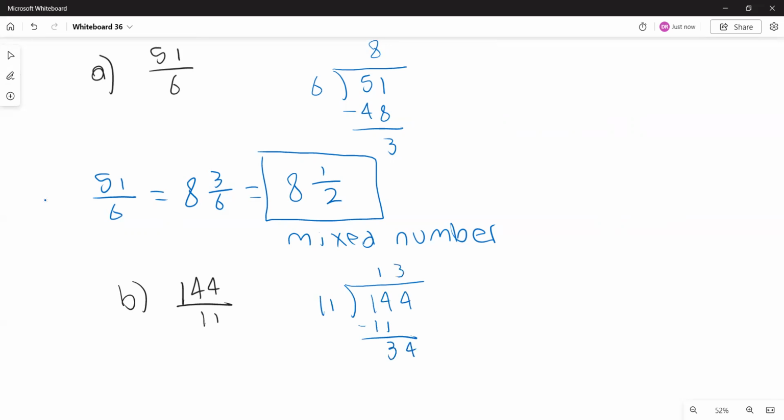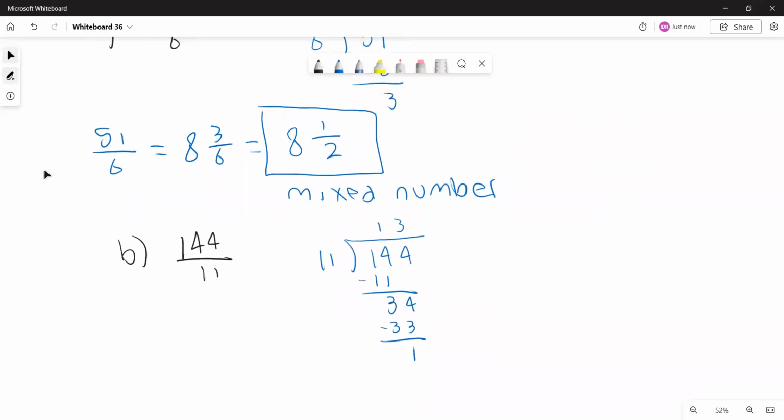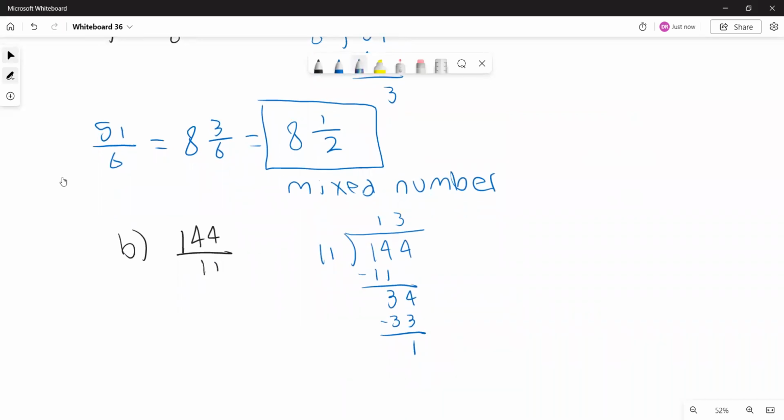And 11 times 3 is 33. Okay, so the improper fraction 144/11 is 13 and 1/11. So that's going to be the mixed number. That's going to be the improper fraction converted to a mixed number.